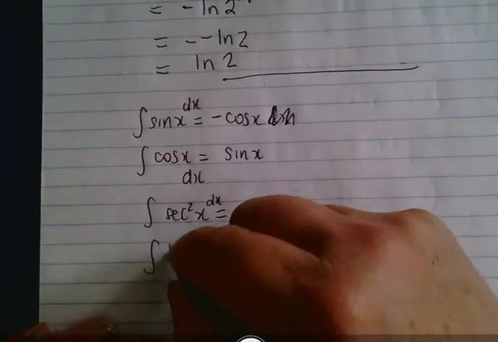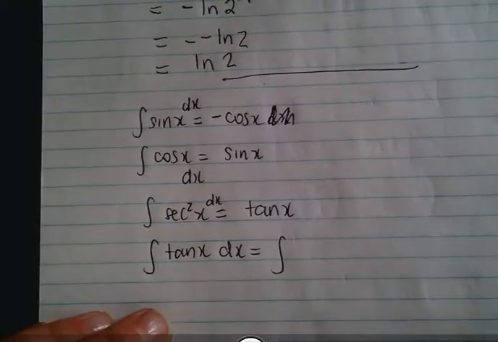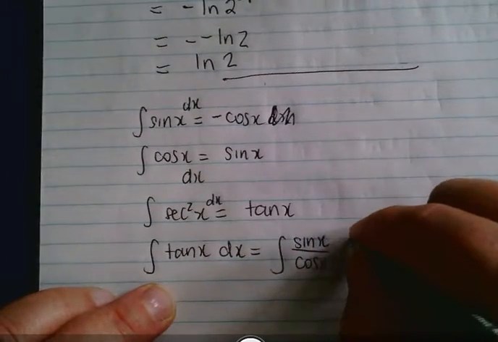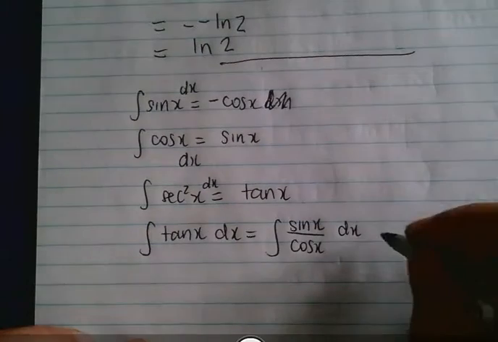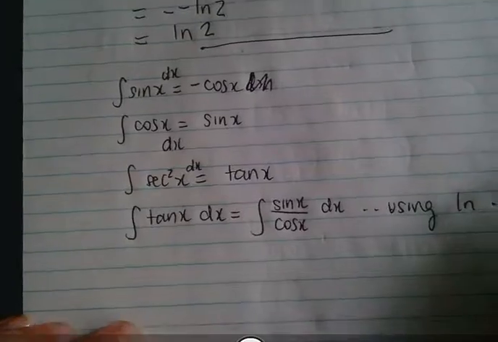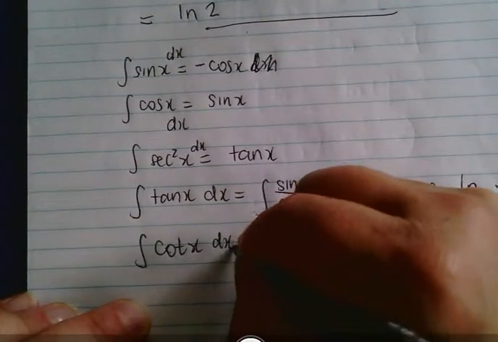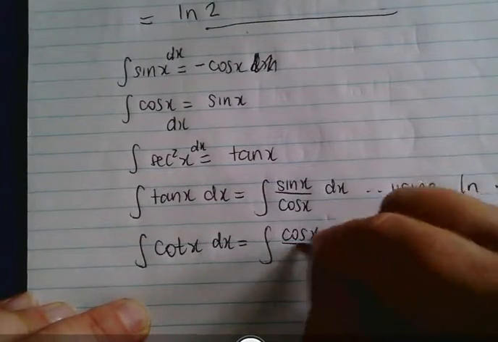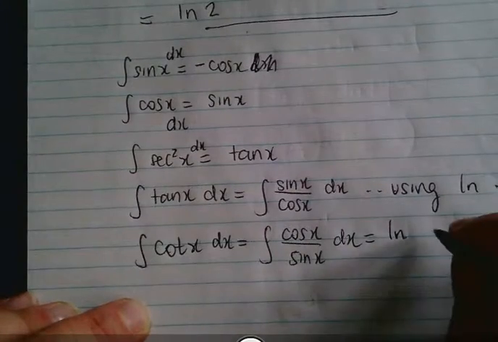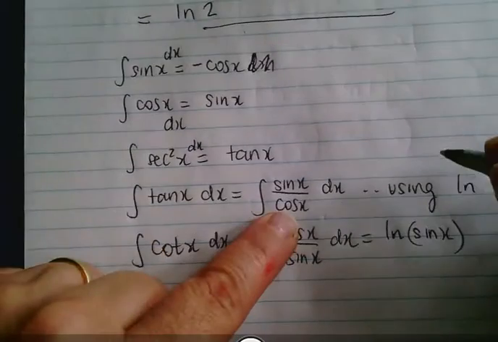We now know how to integrate tan of x by writing our function as sine x on cos x, and we will get a log. You'll get ln as your answer. And we also now know how to integrate cot x by writing it as cos x on sine x, and this one's straightforward because you do get ln. This one you will get ln of sine x.